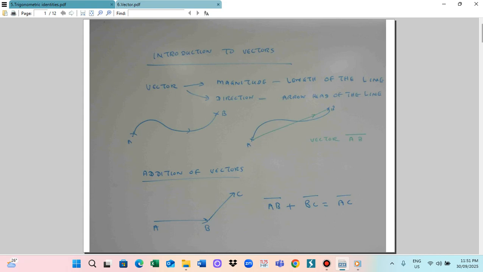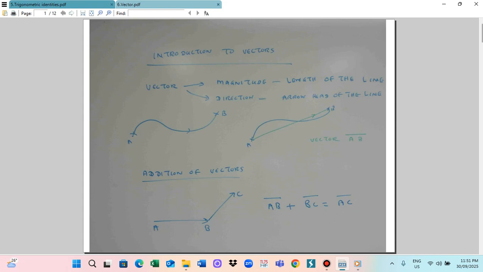For example, a particle moving along a path from point A to point B. In this case, you can find the vector from A to B. You need to draw the shortest line from A to B, and that is the vector AB.